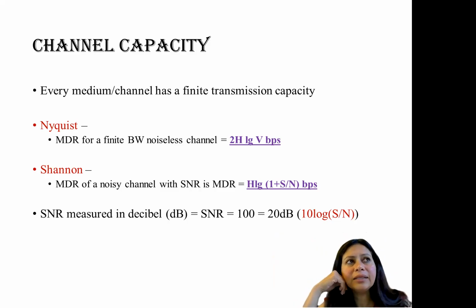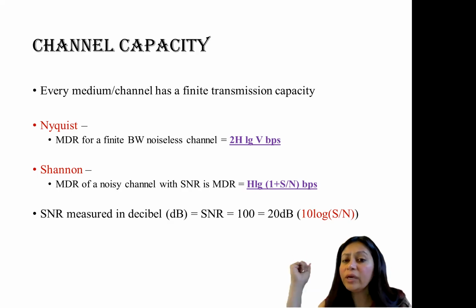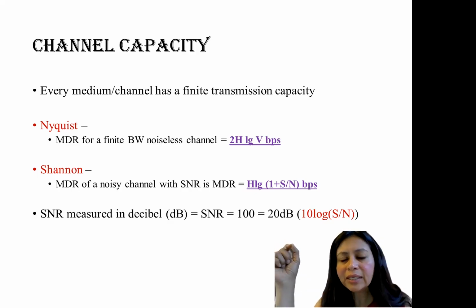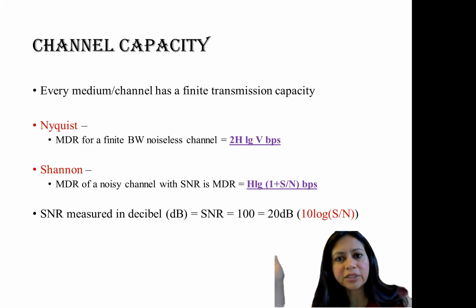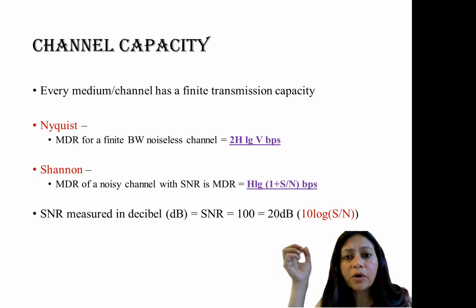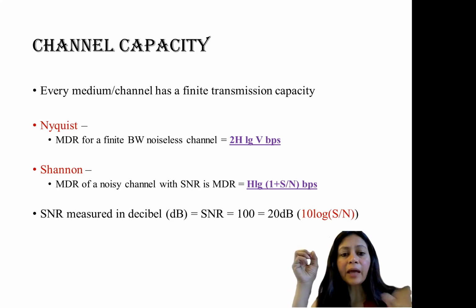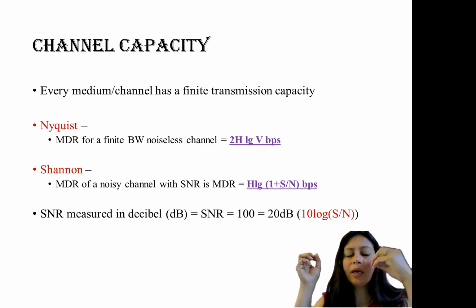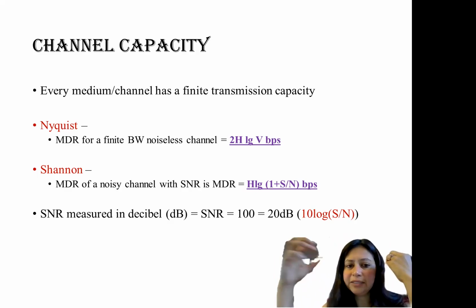So two scientists, first Nyquist, tried predicting MDR, which stands for maximum data rate. And again, what is data rate? The rate at which data is being sent. Anytime you use the word rate, guys, it's always per unit time, whether seconds, minutes, hours, what have you. So maximum data per unit time that this channel can send through.